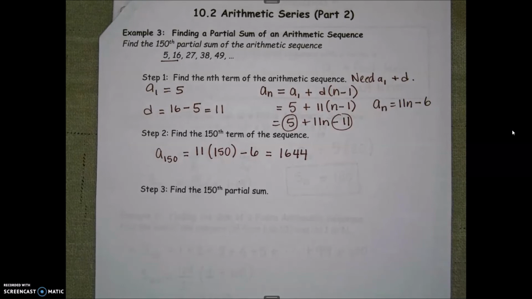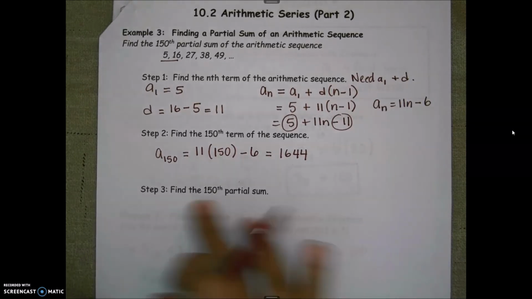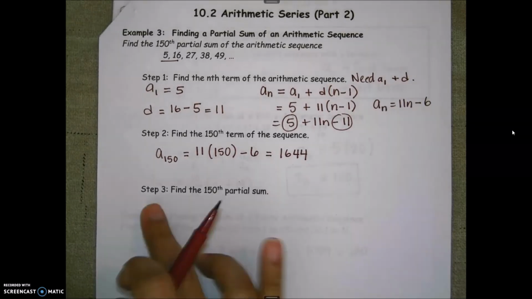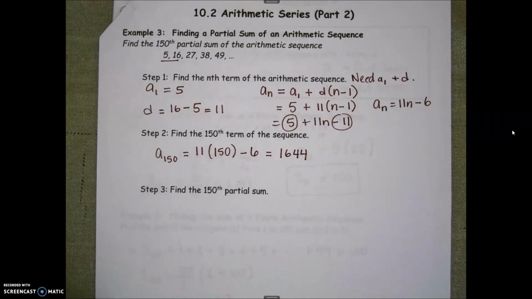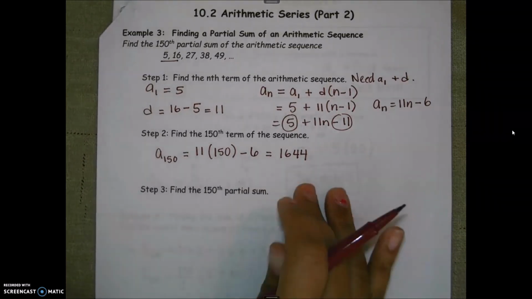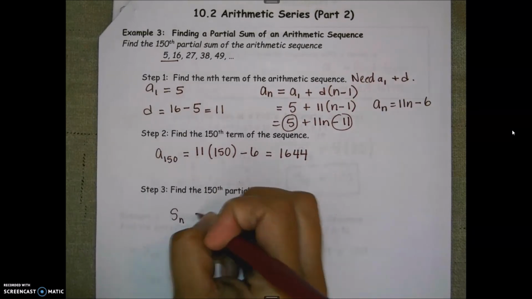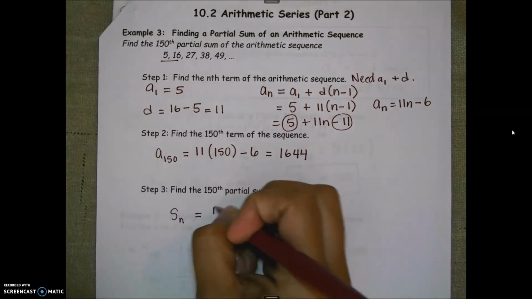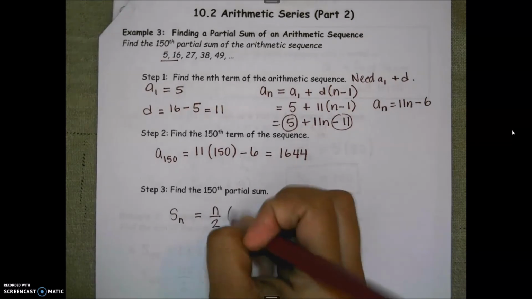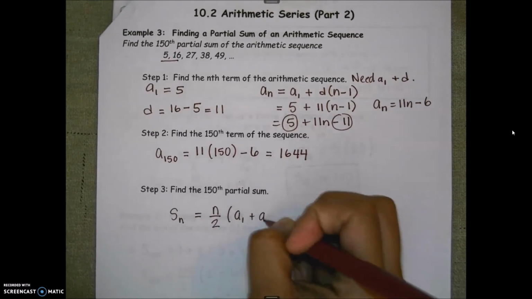Okay. Step 3, find the 150th partial sum. Now step 3 answers the original question that's being asked. Now that you have all the pieces that you need, you know that the sum of n is equal to n divided by 2 times (a1 + an).